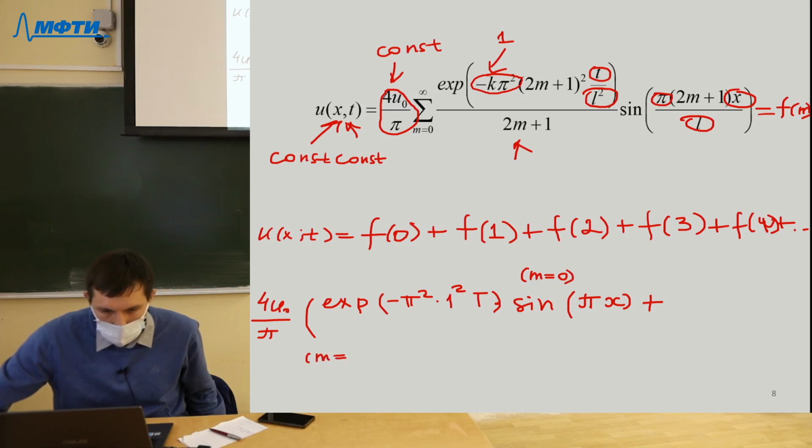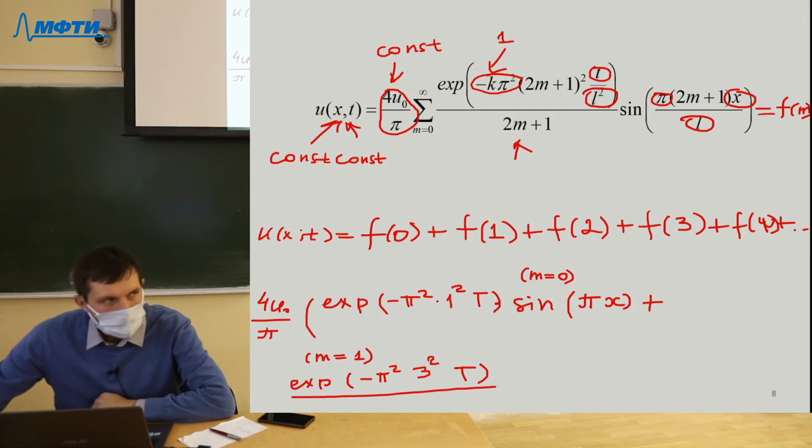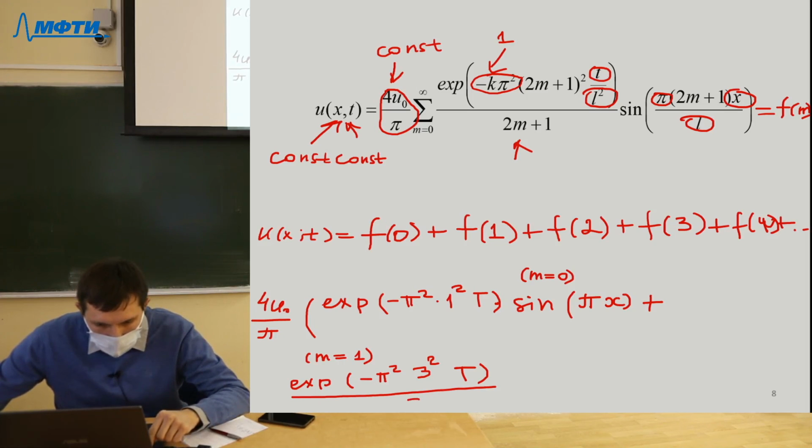Now m equals 1 will be exponent of minus pi squared 3 squared t over L squared, over 3, times sine of 3 pi x over L. As m increases, it's going to be 5, then 7, and so on.